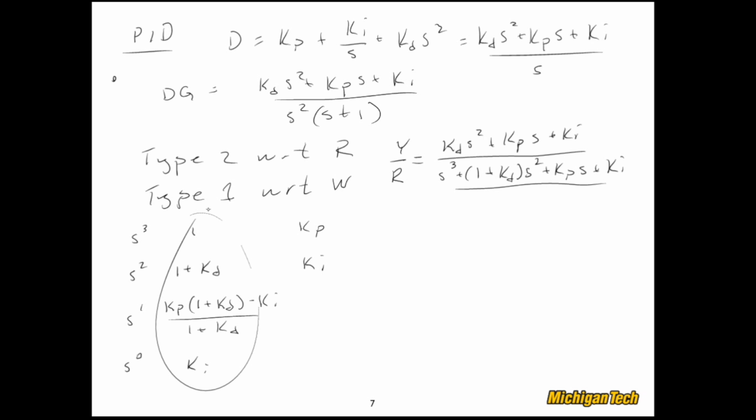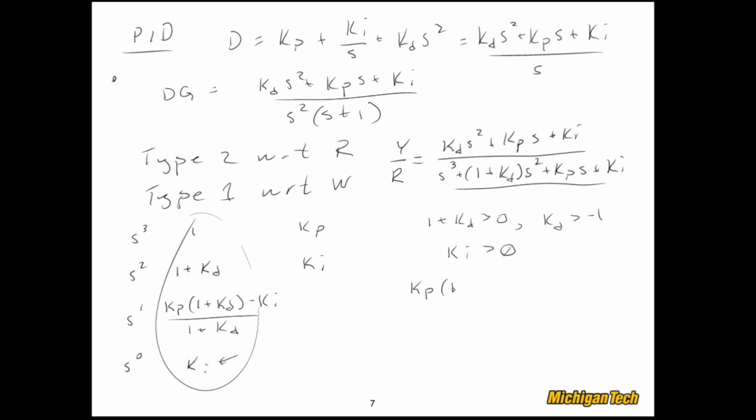So this column has to all be positive. What this says is that 1 plus Kd has to be greater than 0, so Kd has to be greater than -1. Well, usually we have positive constants. And this one tells us that Ki is greater than 0. Great. Positive.